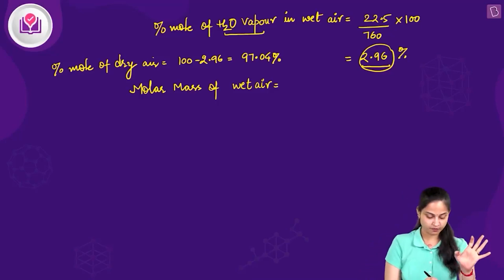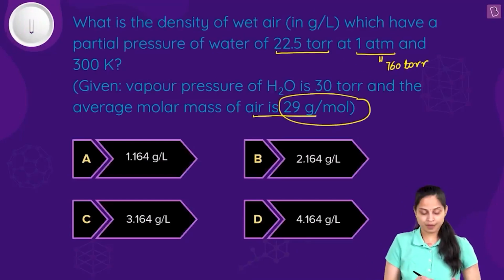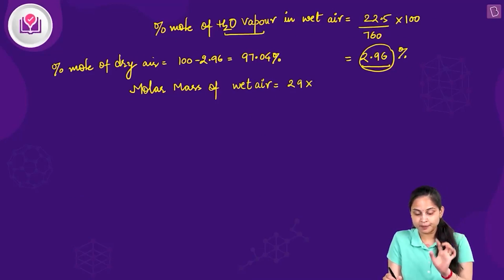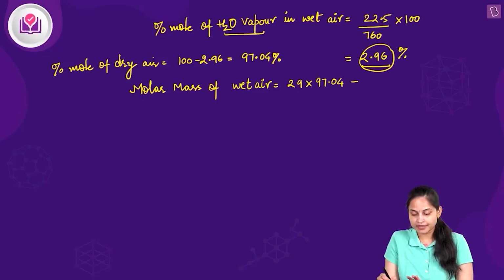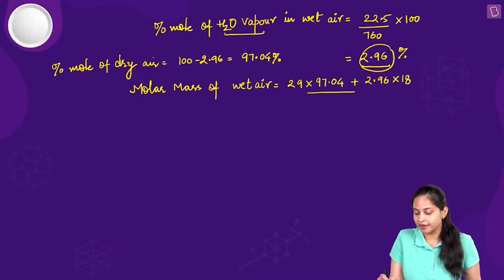Now what is the molar mass of wet air? Given the average molar mass of air is 29 grams per mole, we'll calculate it like this: 29, the average molar mass of the air, multiplied by the mole percentage of the dry air, which is 97.04, plus the mole percentage of vapor in wet air, which is 2.96, multiplied by the molar mass of water, which is 18 grams per mole, divided by 100.